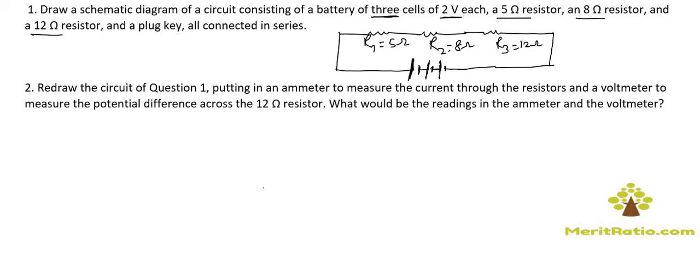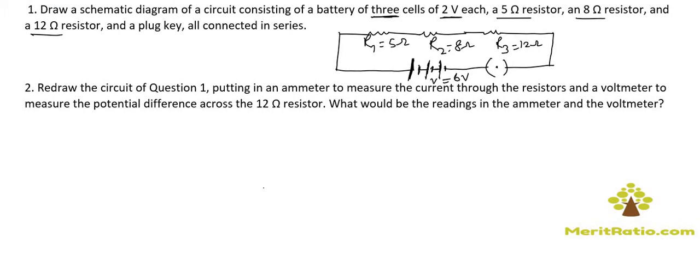So 2 plus 2 plus 2, the total value will become how much? 6 volt. And we are also required to put a key. So at this place we can just add a key. This has become the diagram which is asked in this question.